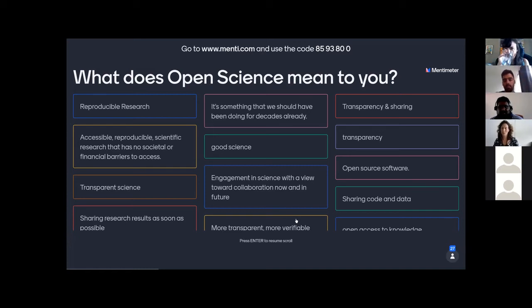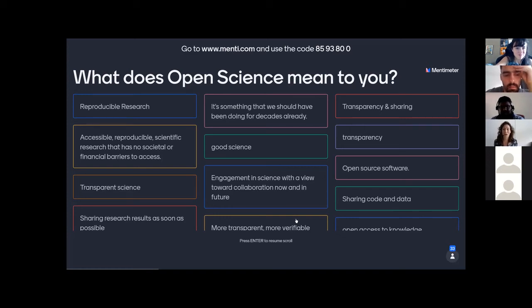Okay, so by now we have 27 inputs. Let's start with the beginning. So reproducible research, I see it here. It's something that we should have been doing for decades already. Yeah, this is fair enough.